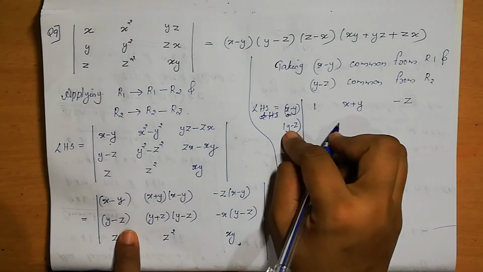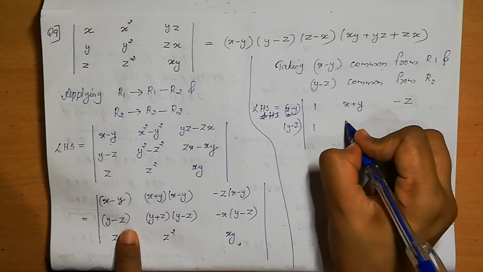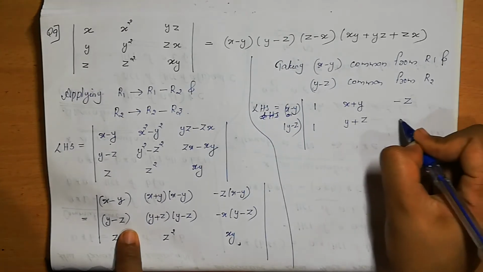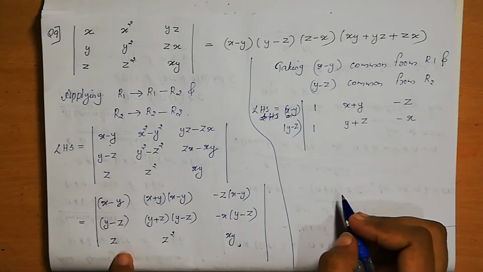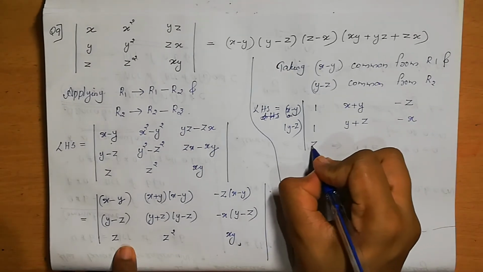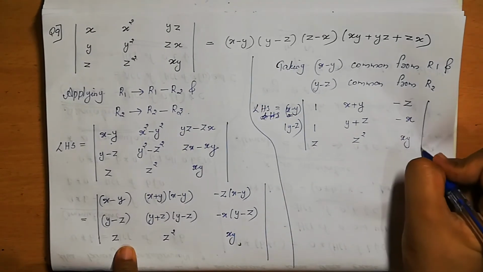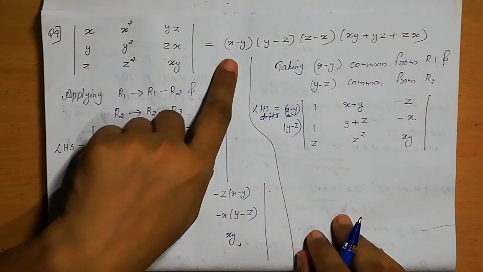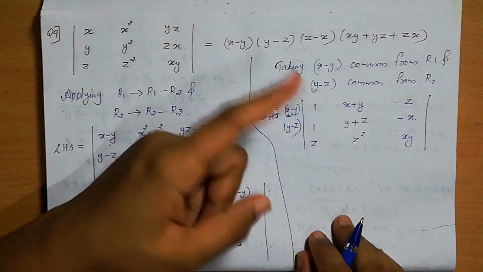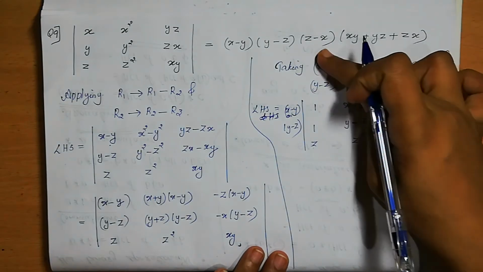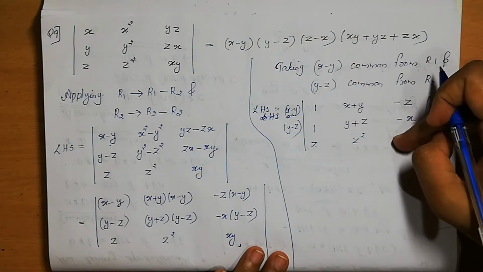Next, y minus z is common means 1 y plus z minus x, z square xy. That means two terms we got. X minus y, y minus z we got. Next, if you are applying any change, we will get z minus x or not. That only we are going to check.